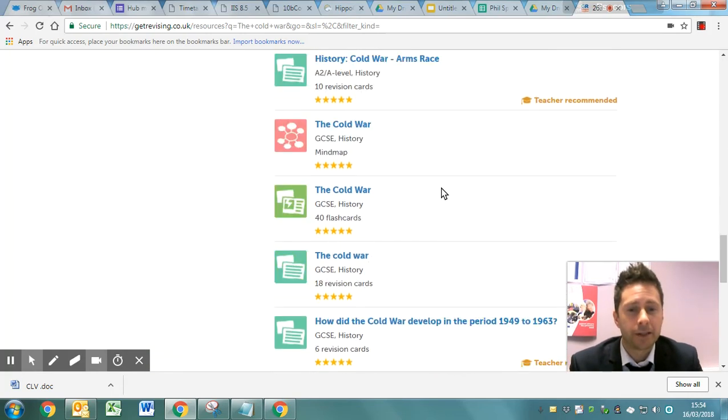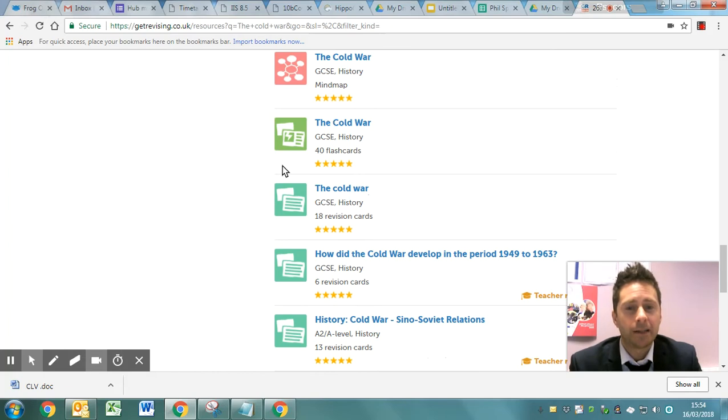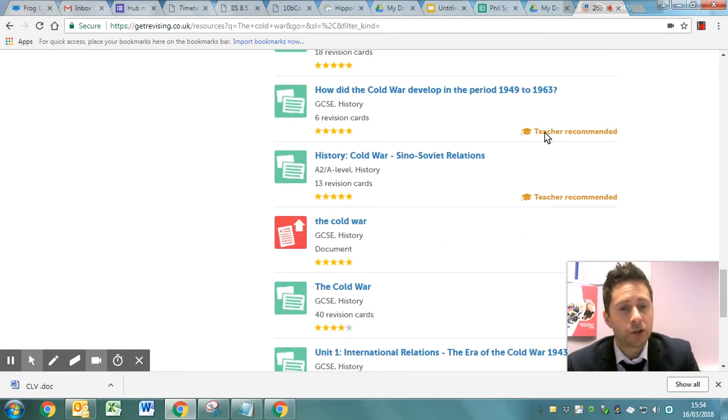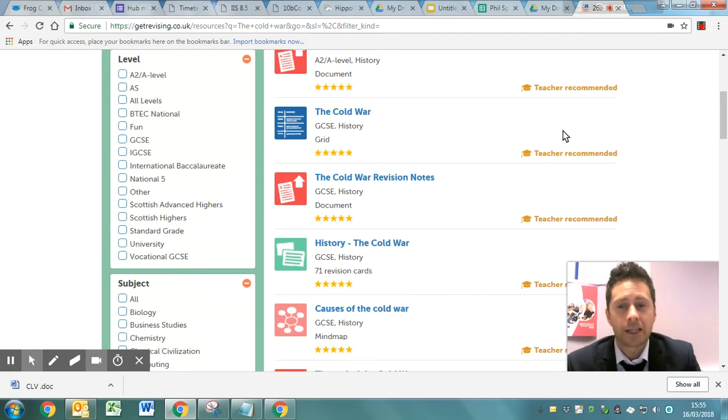Further down, some of these, like these flashcards, have been made by people like you, other students who have made flashcards for themselves about the Cold War and uploaded them. By all means, look at them. You might find them really useful, but just be aware that the ones with teacher recommended alongside are the ones we know have got accurate information.